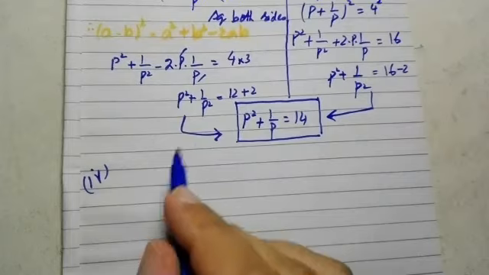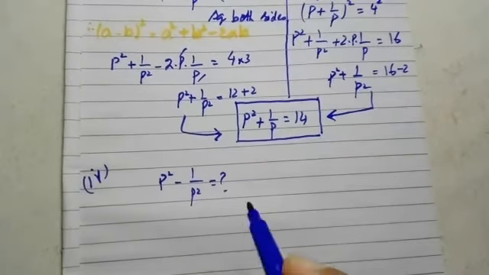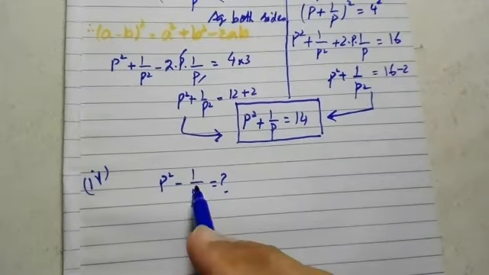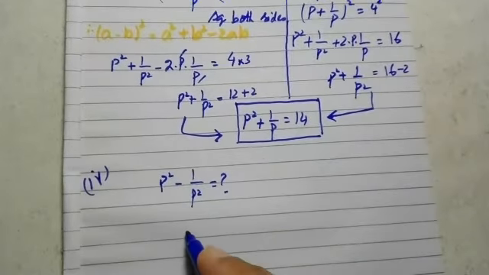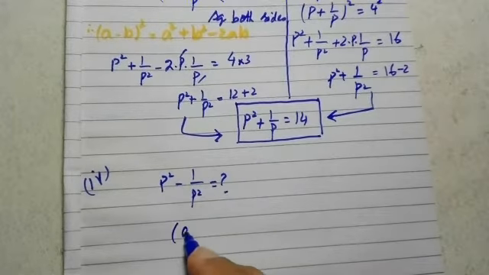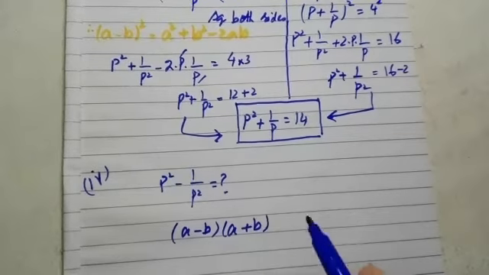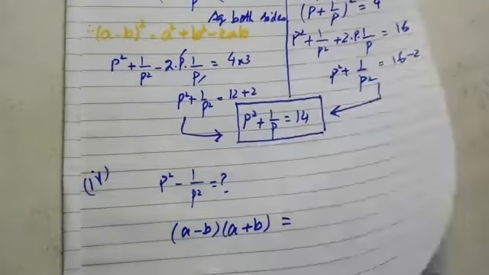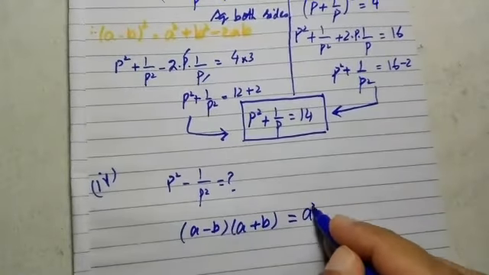Okay, the fourth part, which is very, very important, and interestingly, students normally make some sort of mistakes. The fourth part requires us to calculate p square minus 1 over p square. What we have to do is use the first two parts, using the formula of difference of squares, because this is required. I'm writing the formula: a minus b times a plus b is a square minus b square.